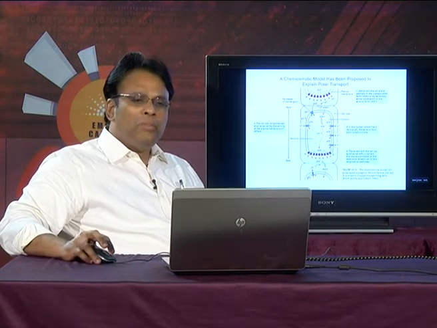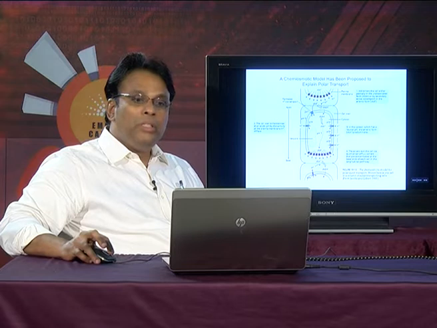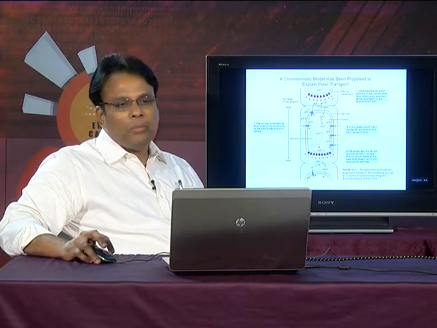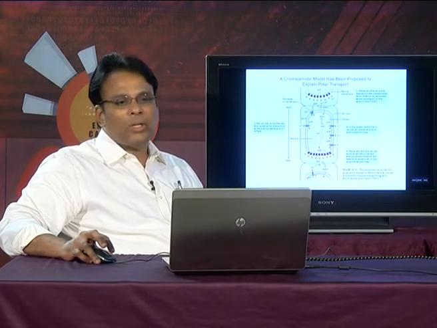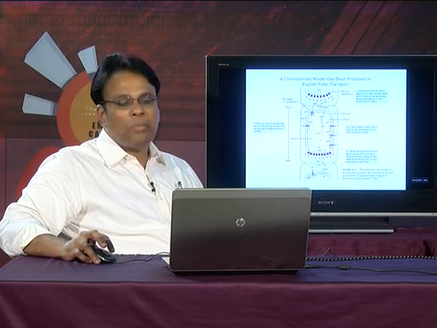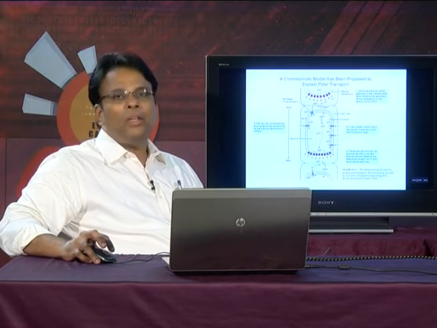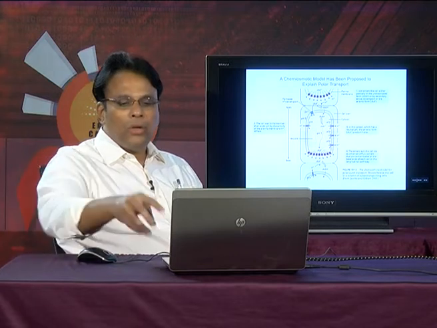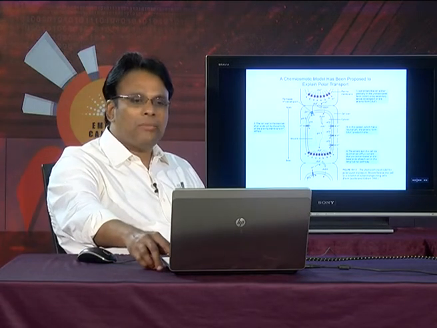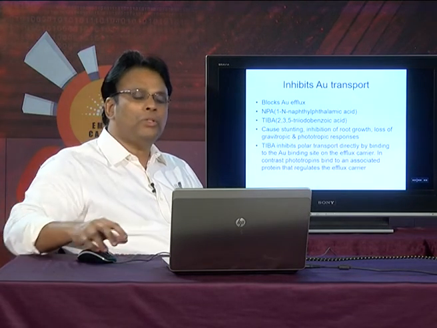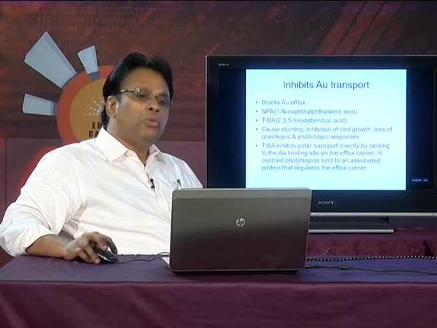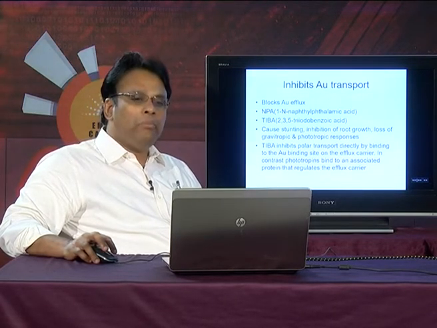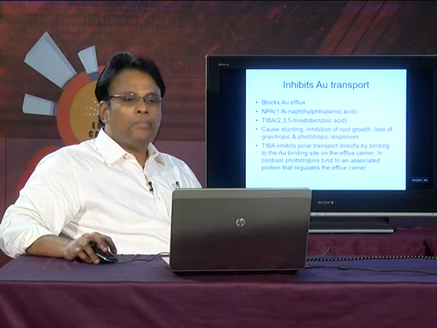So, if something can bind over here competitively to IAA, it can bind but may not get transported out, and it can still prevent the further binding of IAA. Two such chemicals are explained here. One is NPA, another is TIBA.